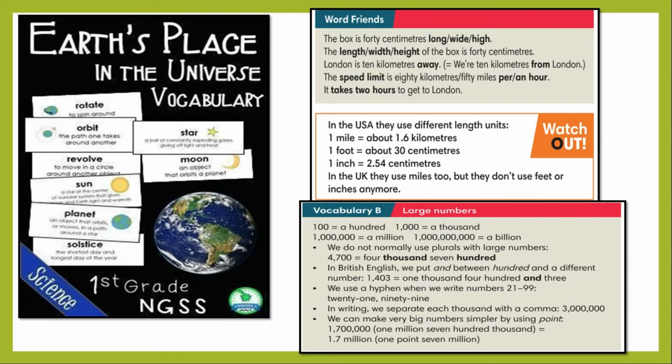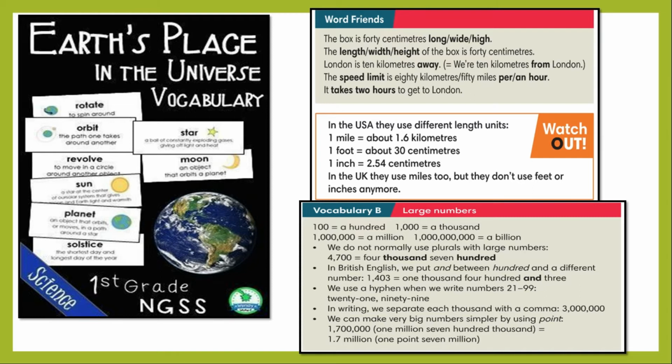So we've got different length units in the United States and also in England, and we've got how you can make sentences with these adjectives. We've got long, we've got wide, we've got height. Okay, remember when I use the verb takes, it means a long time, it means far away. It's going to be expanded.